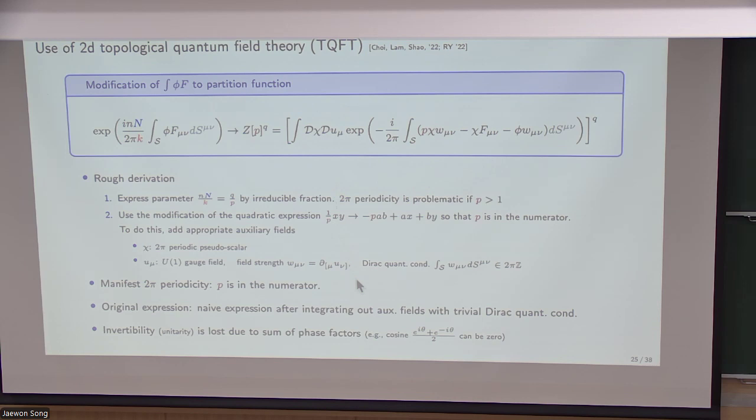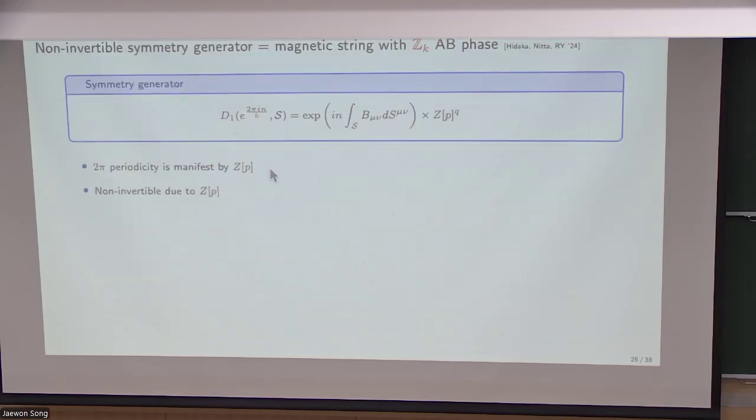So for example, the sum of the phase factors can be a cosine function, which can be 0. By using this modification, we can construct the non-invertible symmetry generator. And we can show that this corresponds to the magnetic string with all possible Aharonov phases. And the symmetry generator can be explicitly written by this.